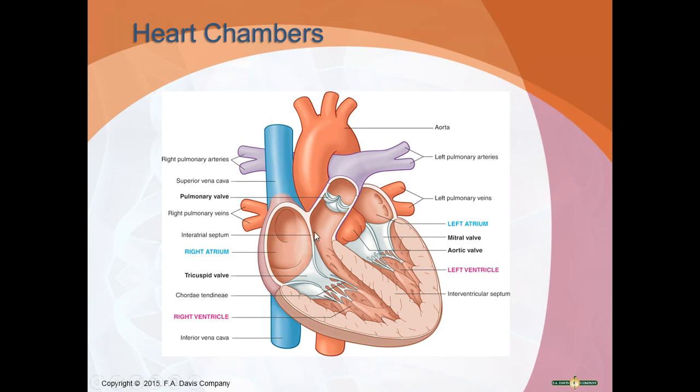So here's the intraatrial septum, and here's the left atrium, and here is the right atrium. The walls of the atria are not as thick as the walls of the ventricles because the atria move blood only a short distance from the atria to the ventricles. The ventricles receive blood from the atria, and these are the ventricles. This is the right ventricle, and this is the left ventricle, this area here.